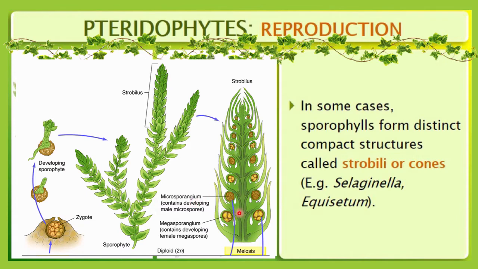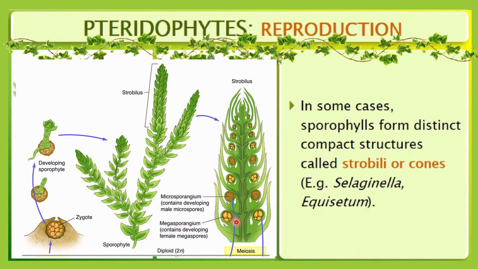If a strobilus has only microsporangium, it is called a male cone, and if only megasporangium is present, it is considered a female cone. Sometimes in this diagram both are present, microsporangium and megasporangium, so this is just a cone.